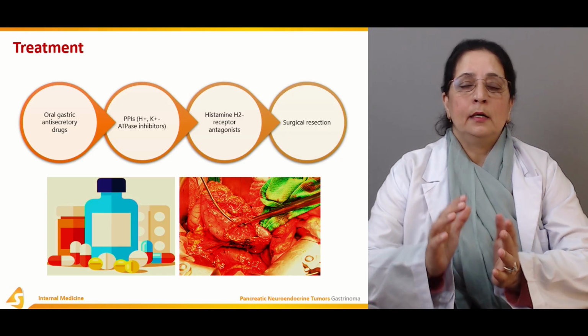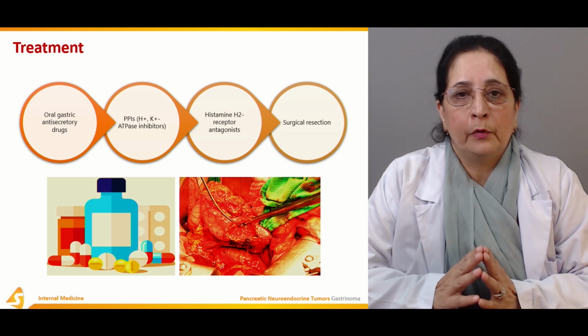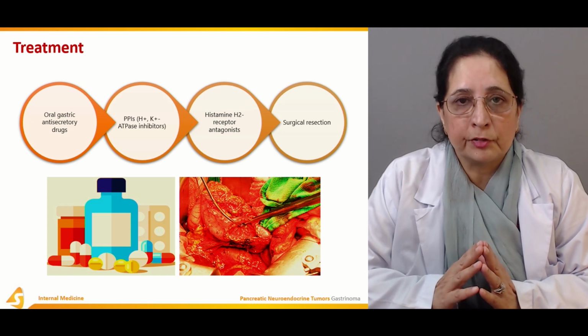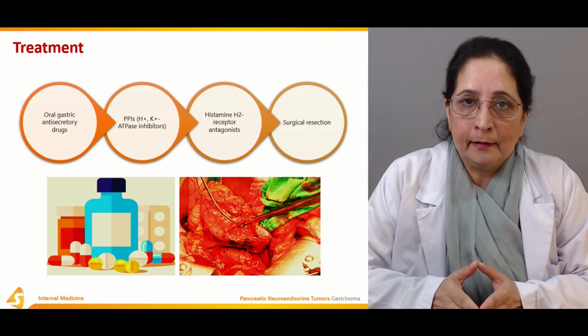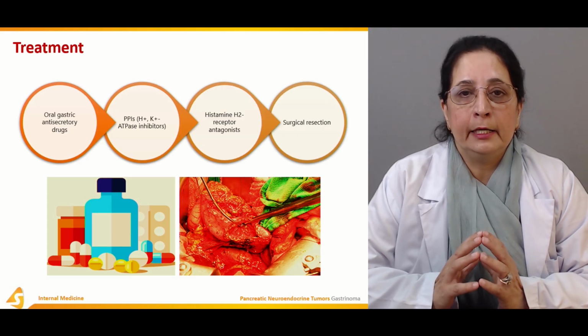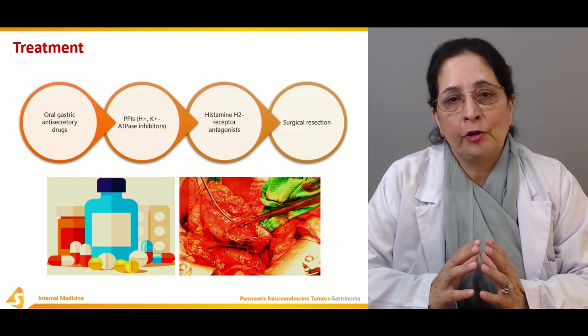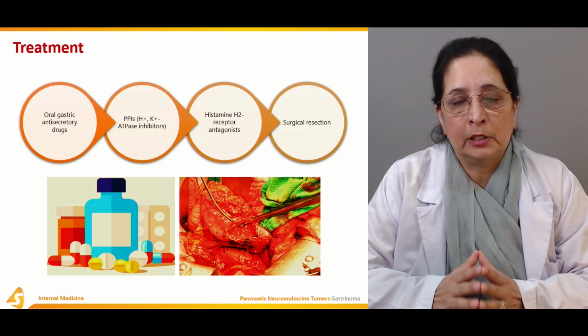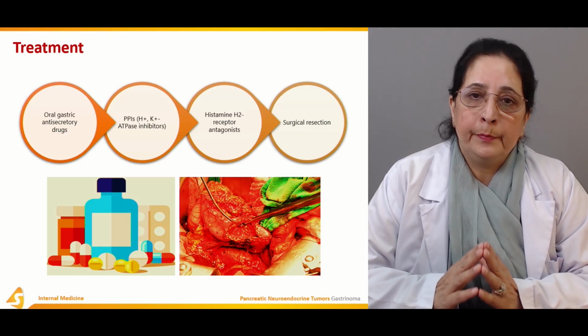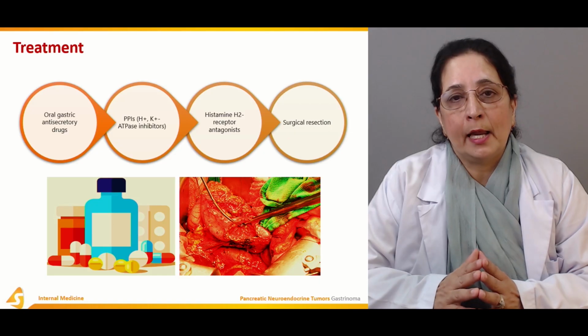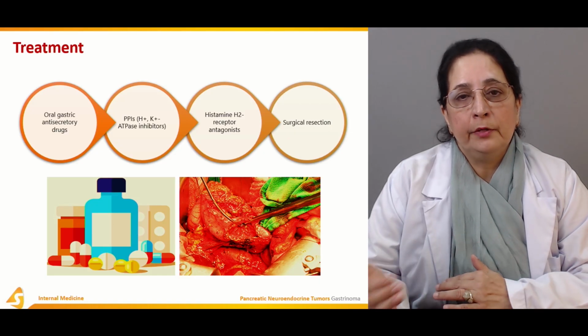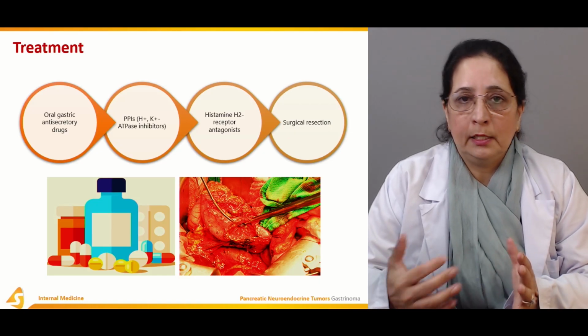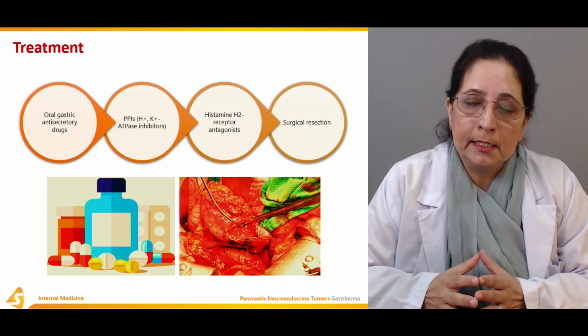So all these are the treatments used for gastrinoma, Zollinger-Ellison syndrome, which is a condition in which there is increased gastrin production that causes hypersecretion of gastric acid, leading to different conditions including peptic ulcer disease.